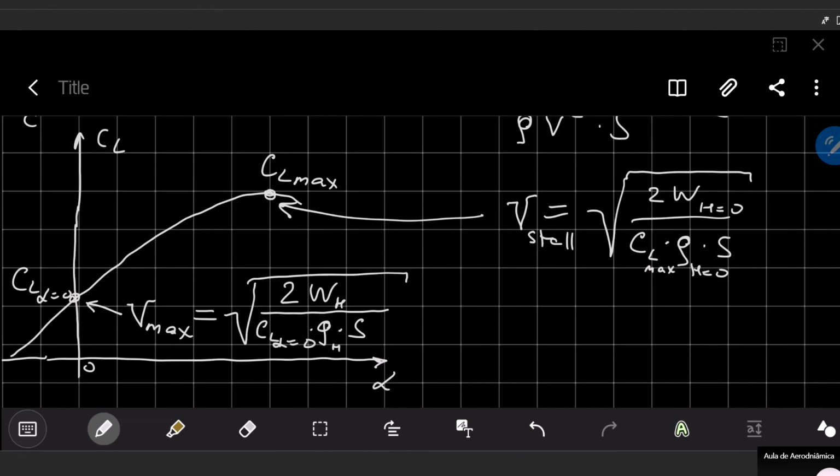Actually, in future we will have a more detailed theory about the properties of the complete airplane, of the wing. We will see that there is another source of losses called the induced drag related to the trailing vortex. But it is very early to start talking about the wing theory.